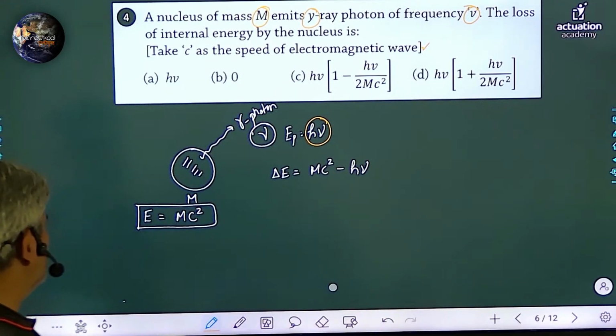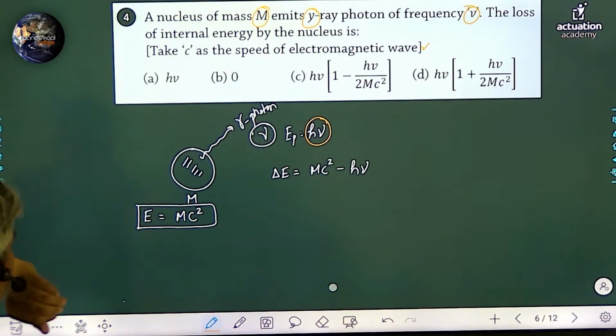So when it is releasing the photon, it is acquiring kinetic energy as well.